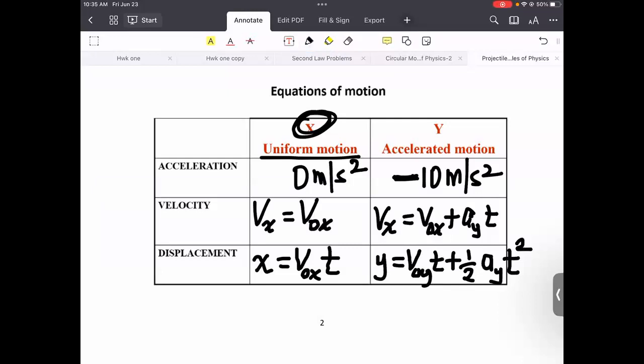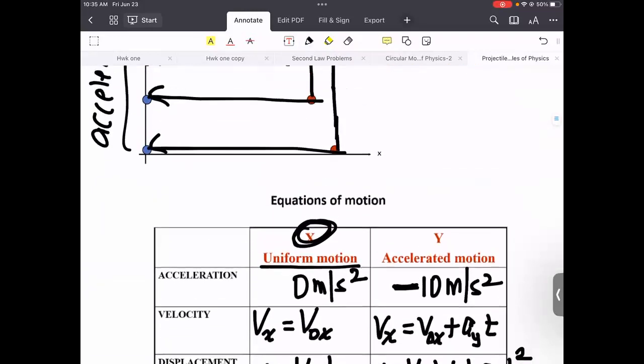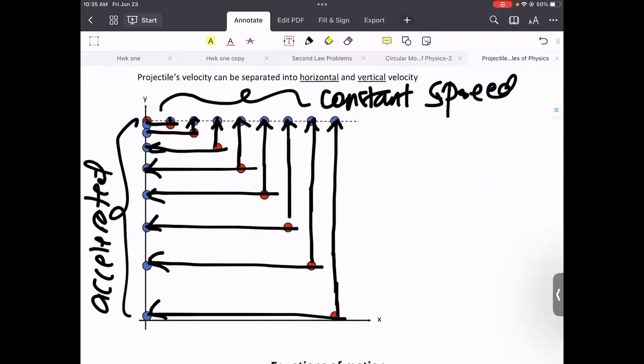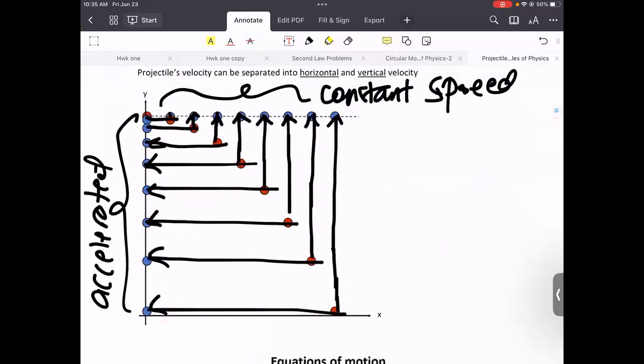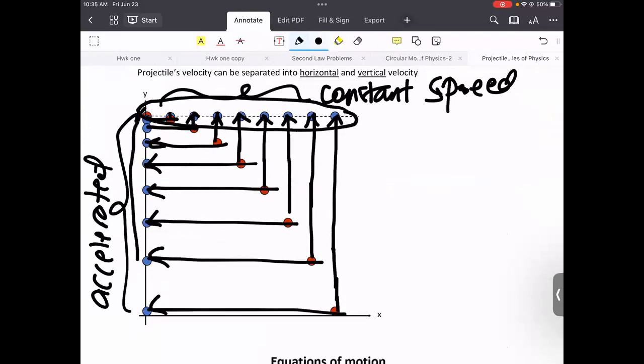Okay, so in summary, we have seen that for any projectile motion, the horizontal component shows that the velocity is constant, whilst in the vertical direction, we have accelerated motion.